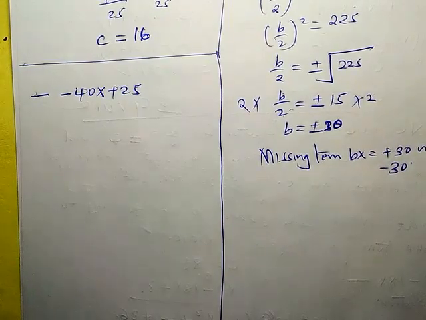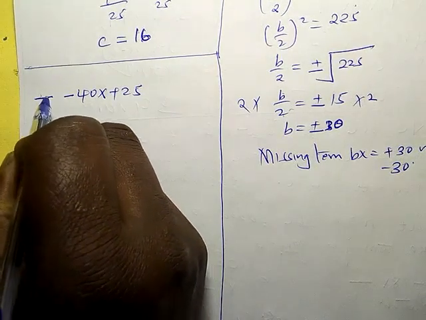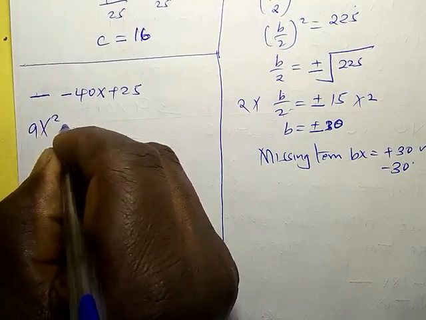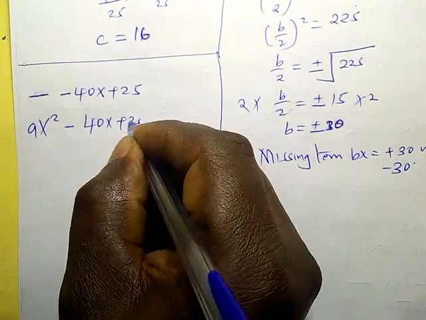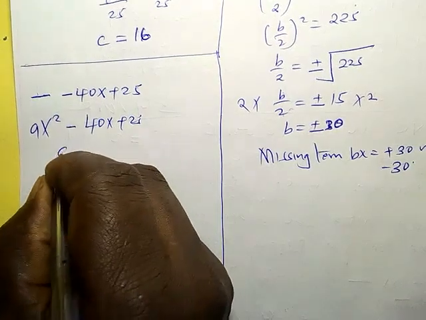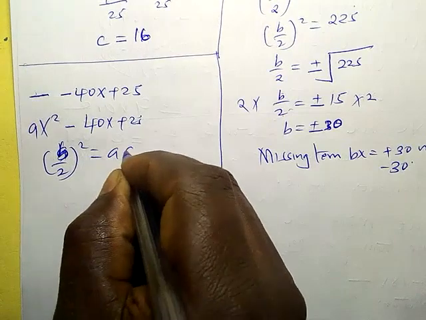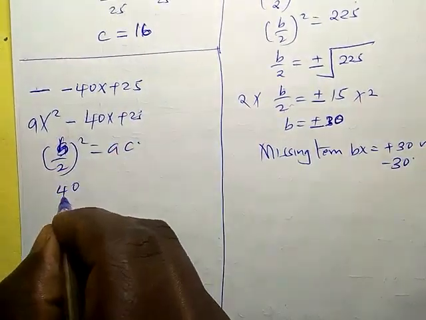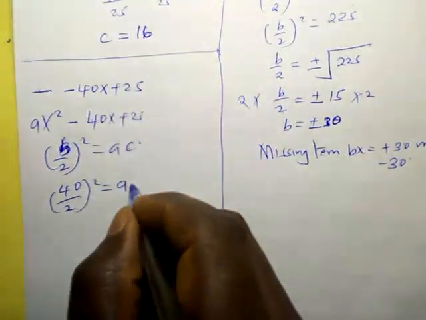Our last example in this subtopic is when we have the first term missing. So let the missing term here be ax squared minus 40x plus 25. This is what is missing. So it means that b divided by 2 squared equal to ac. But we have b, 40 divided by 2 squared equal to a times c, and our c is 25.